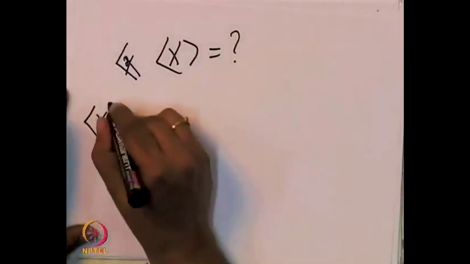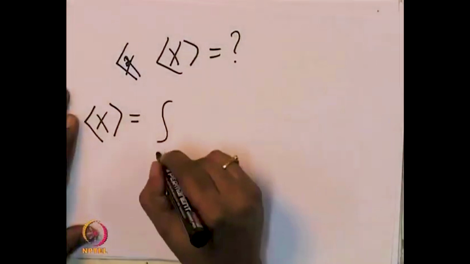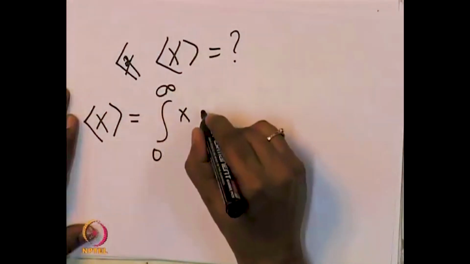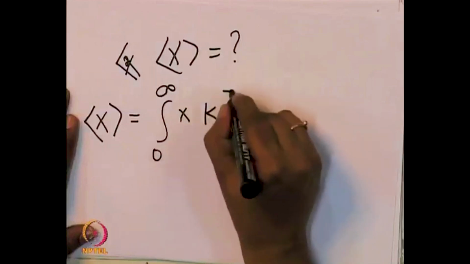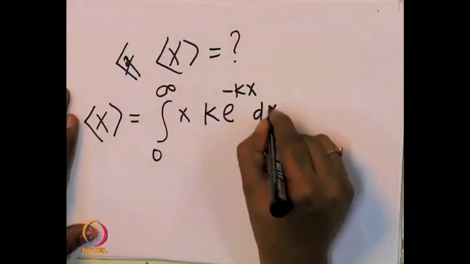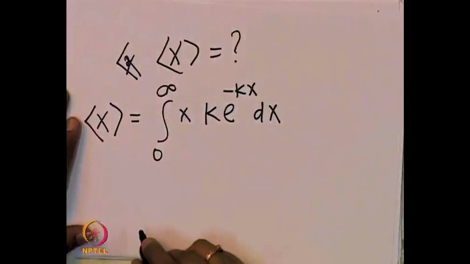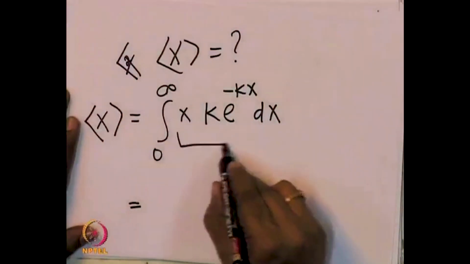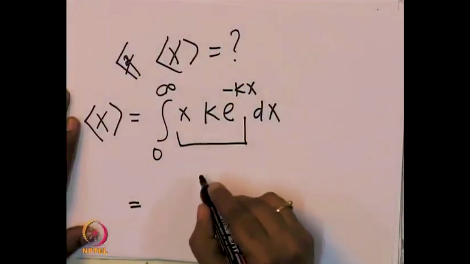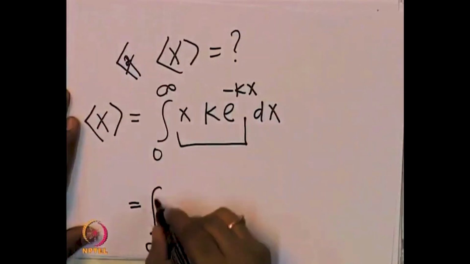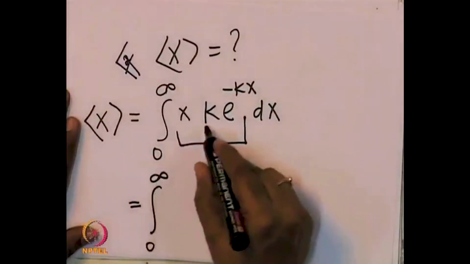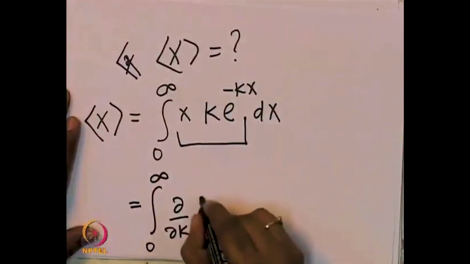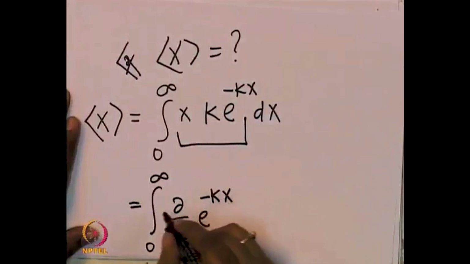x average can be defined as the integral from 0 to infinity of x times the distribution function, k e power minus k x dx. We use a technique here: x e power minus k x can be defined as del by del k of e power minus k x with a minus sign.